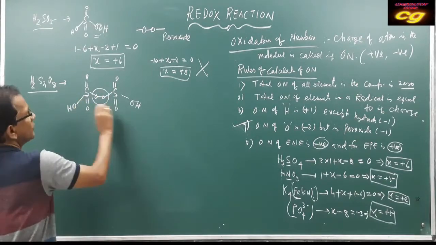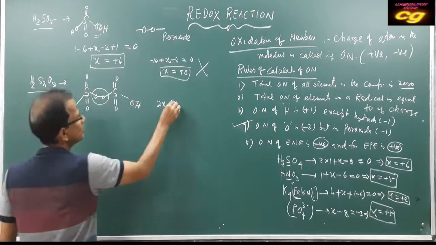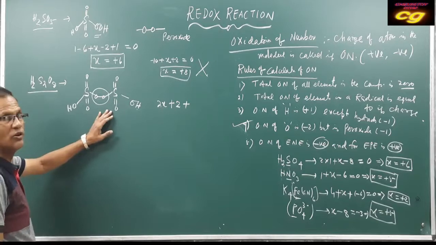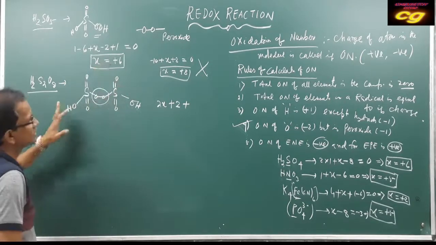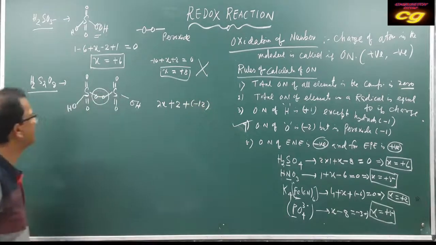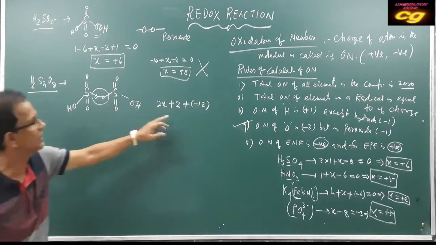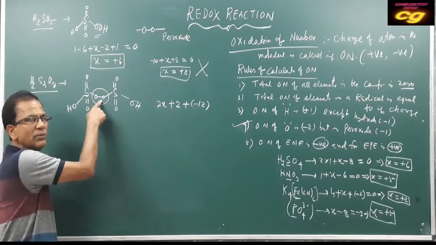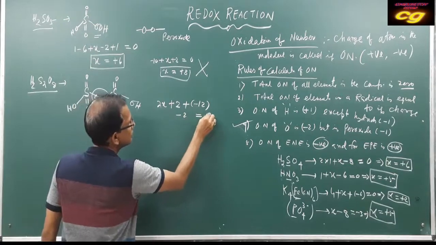So 2 sulfurs, 2x, plus 2 hydrogens, that is plus 2, plus oxygens in oxide state: 1, 2, 3, 4, 5, 6, that is minus 12. And 2 oxygens each carry minus 1 in the peroxide state, so that is minus 2, equal to 0.